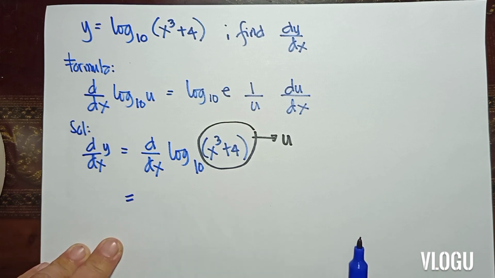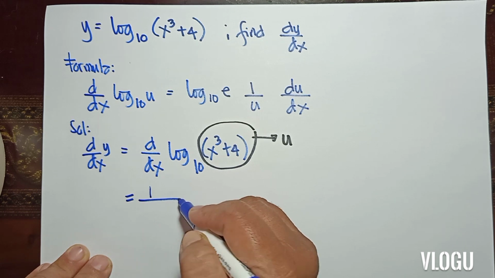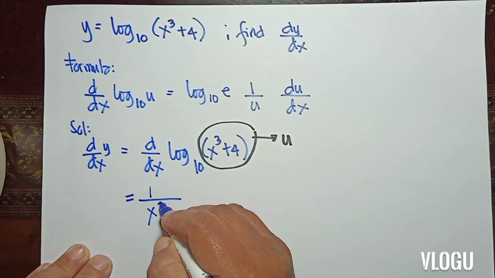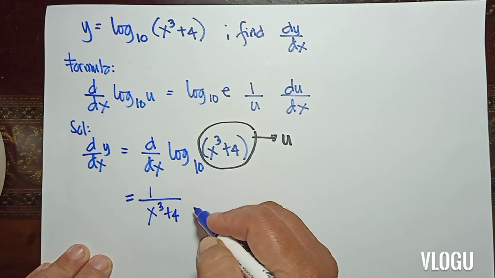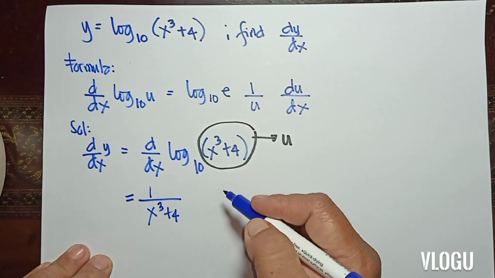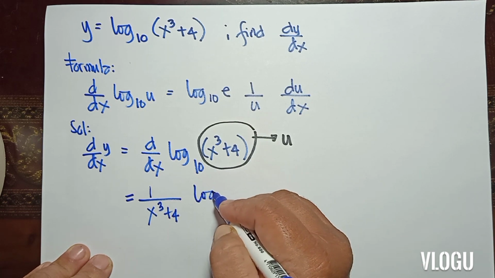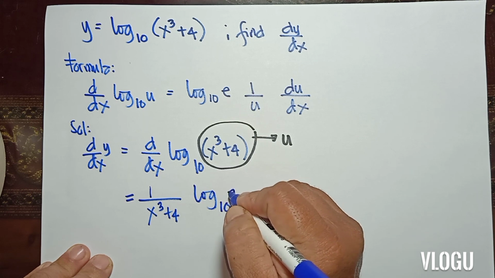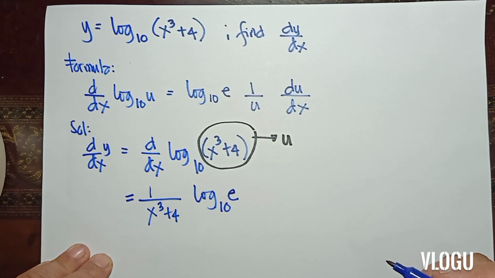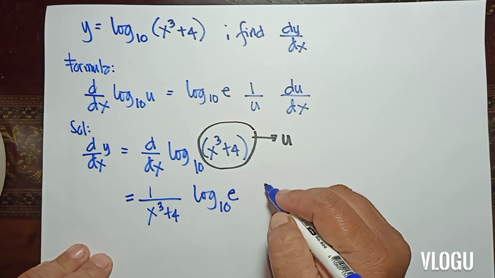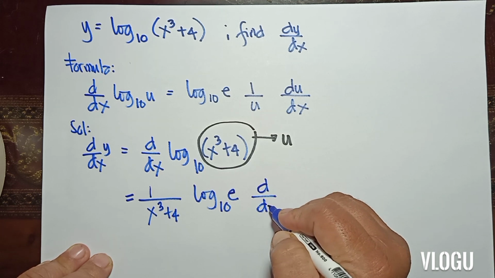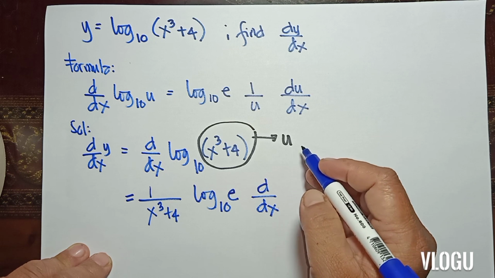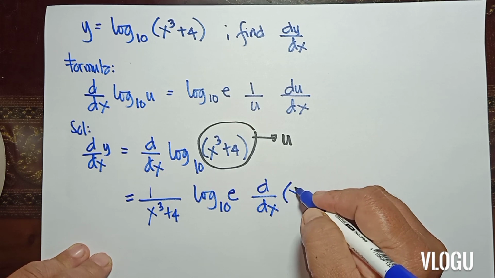Therefore, we have 1 over x cubed plus 4. Then we will have log of e base 10. Then we will have the derivative of u, which is x cubed plus 4.